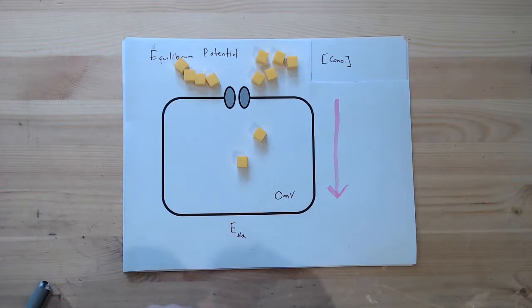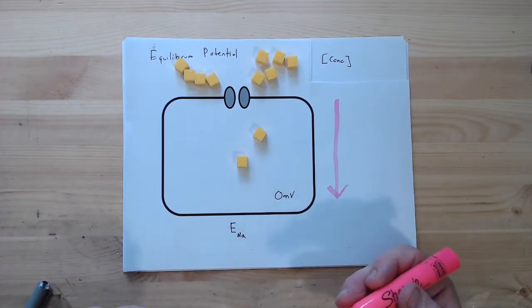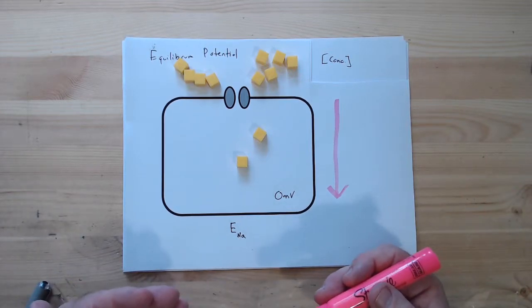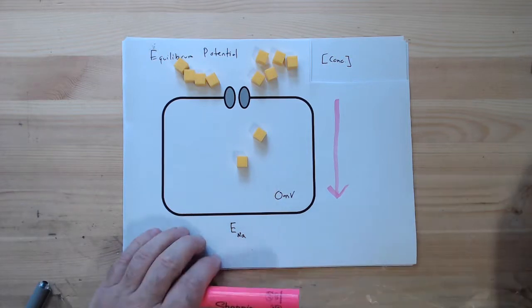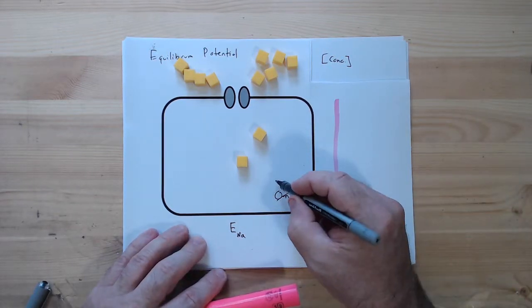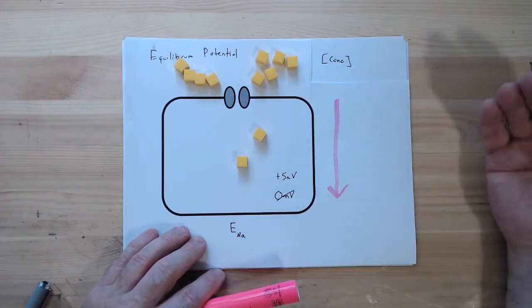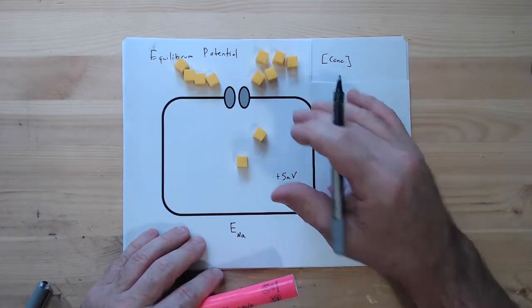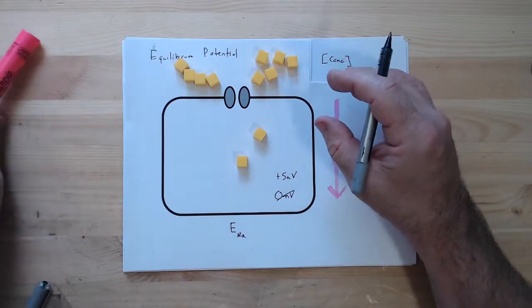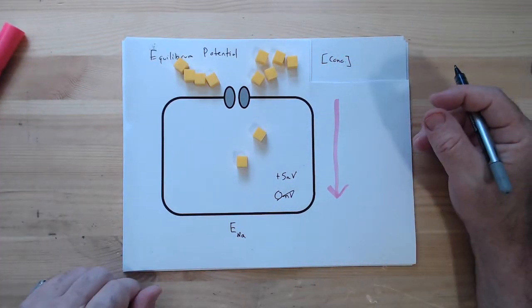Now, as we do this, the cell is going to become slightly more positive. We brought a positively charged ion into the cell, and so the cell may go from 0 millivolts to, let's say, plus 5 millivolts. Obviously one single ion is not going to do this, but each one of these boxes or little cubes represents a lot of ions moving.